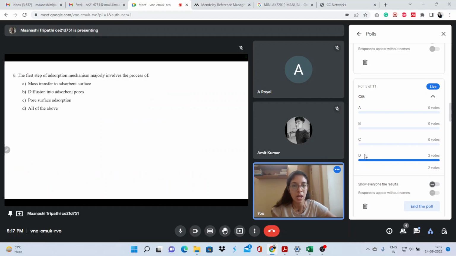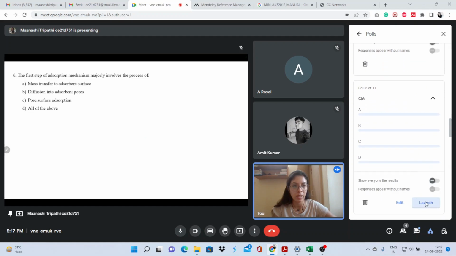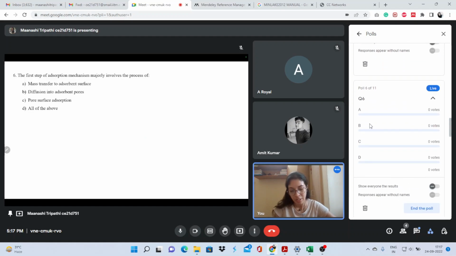So this is question number 6 now, and these are the polls for question number 6. The first step of the adsorption mechanism majorly involves the process of, what is adsorption? There will be a bulk phase, probably a liquid. There will be an adsorbent with small pores.